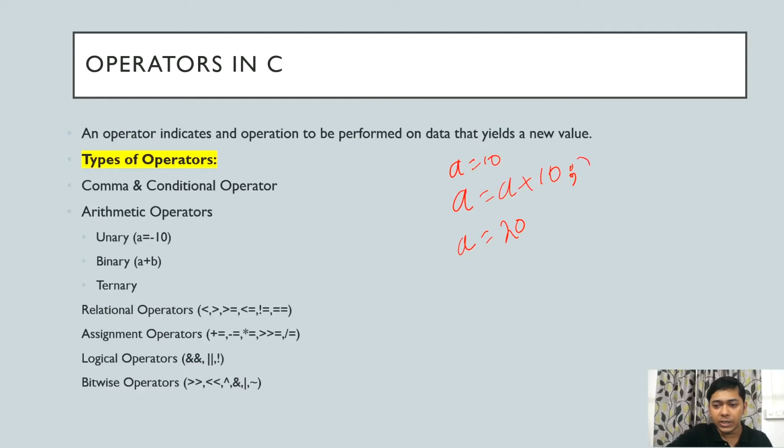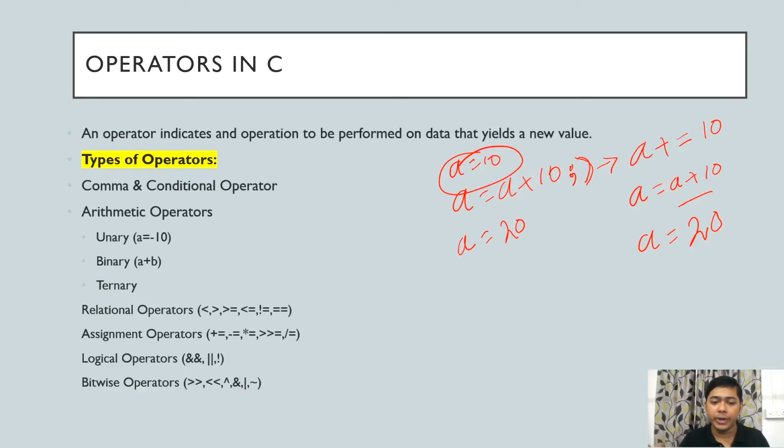In place of writing this, we can write a plus equals to 10, which means a equals to a plus 10. The initial value of a is 10, so 10 plus 10 is 20, and a will hold 20. This is the assignment operator. Likewise minus equals to for subtraction, and the new value will be stored in the particular variable. We'll see it practically.